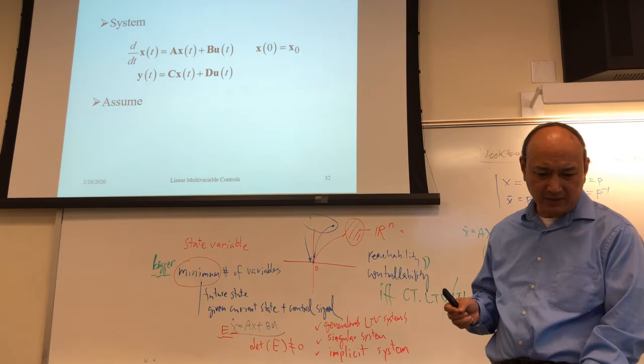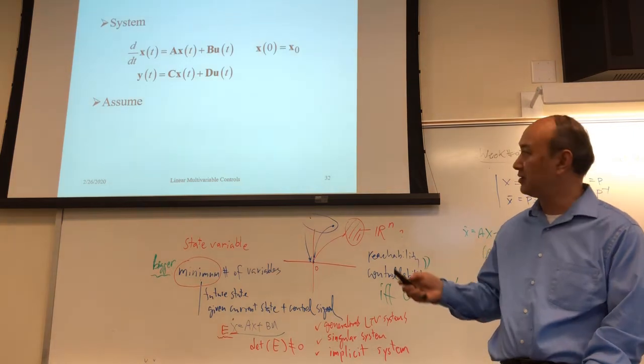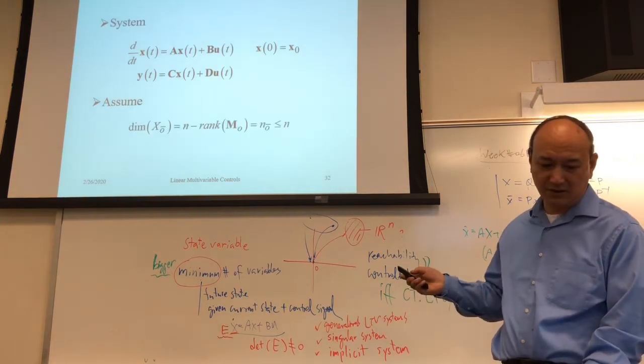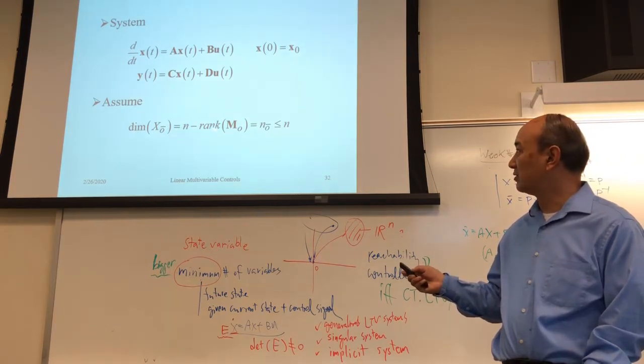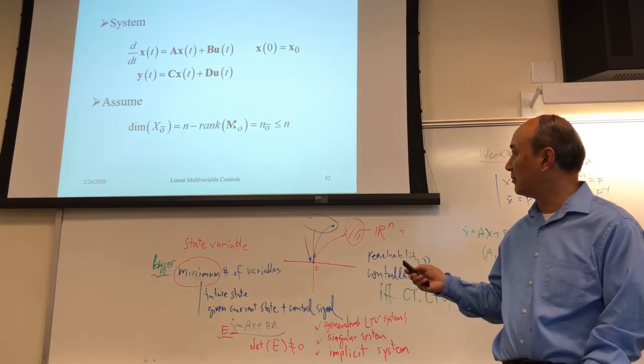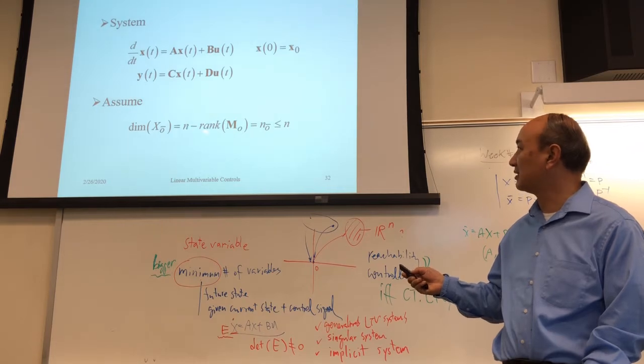Now let's talk about dimension. This is the rank of M0, the unobservable part. And this is the observable Gramian matrix, the rank. N minus this one is this thing.